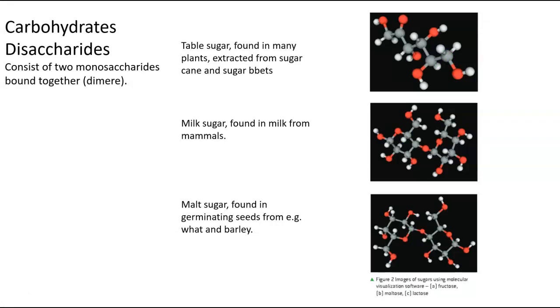Sometimes you might be requested to look at and understand the structure from this kind of drawing. Here we see the unfolded version, for example, of fructose. You see the carbon and oxygen in red, and then you have all the hydrogen atoms here.